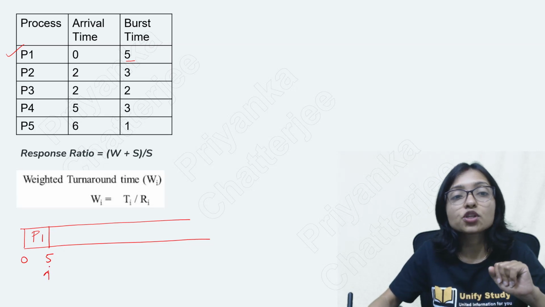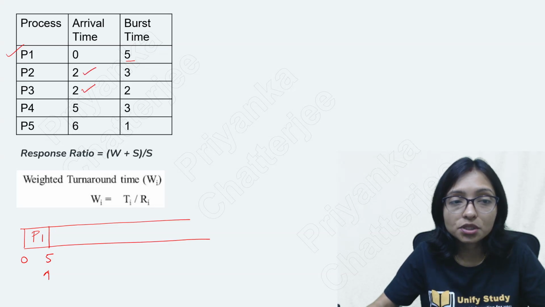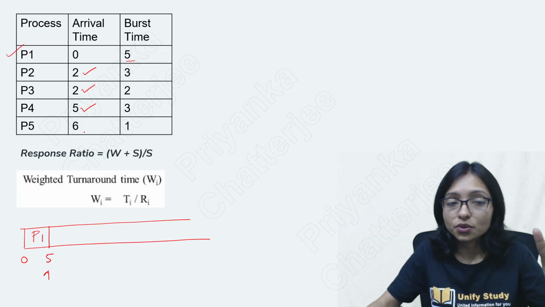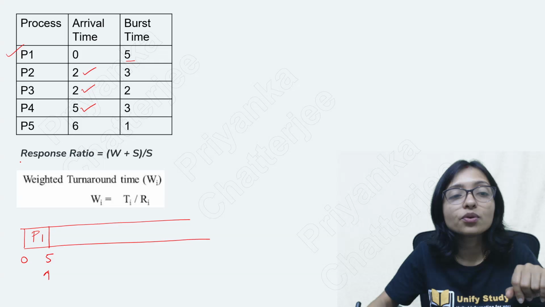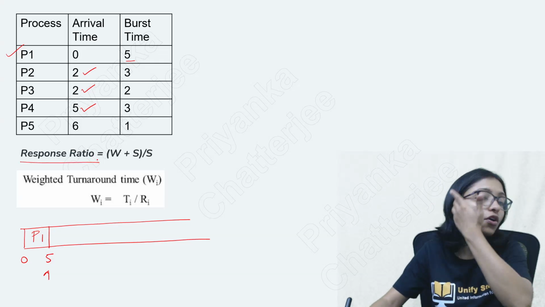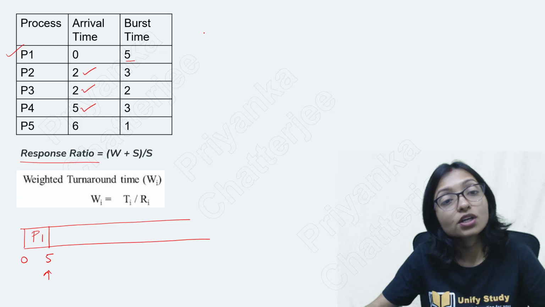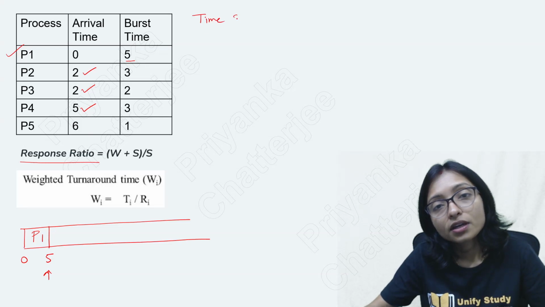In this time slot, who has arrived? P2, P3, and P4 have arrived. Now we have to calculate the response ratio for all these processes as per time slot 5, because multiple processes are available.